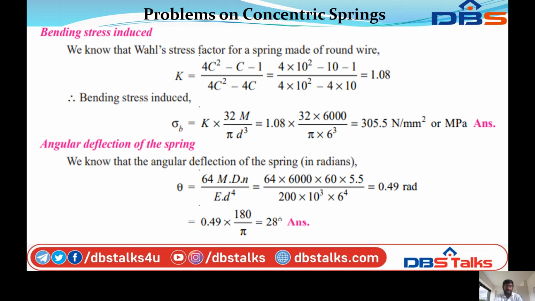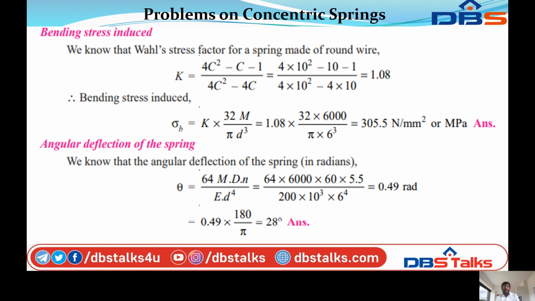Therefore bending stress induced sigma B is equal to K into 32 into M by pi into D cube, that is equal to 1.08 into 32 into 6000 by pi into 6 cube, that is equal to 305.5 Newton per mm square or megapascal. So therefore the bending stress sigma B is equal to 305.5 megapascal.